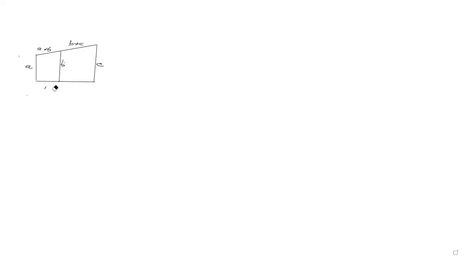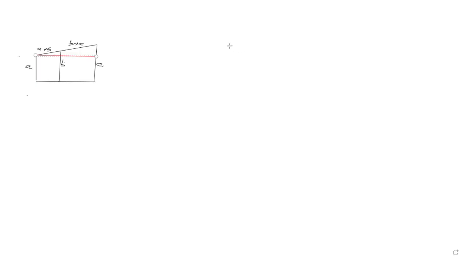Now, given this scenario, I want to find out what is the relationship between A, B, and C. We can do this by performing a construction, namely draw a line which is parallel to the base, like that.